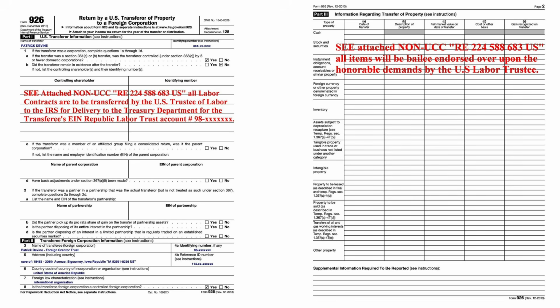Therefore, the ones that we get and start bailing them out will not be classified as debtors anymore. They won't be going out and signing up with the foreign bankers to get money. We will be giving the labor to them, full faith and credit, just like it says in the Constitution. The full faith and credit is the labor of the country that we will grant to them to operate.